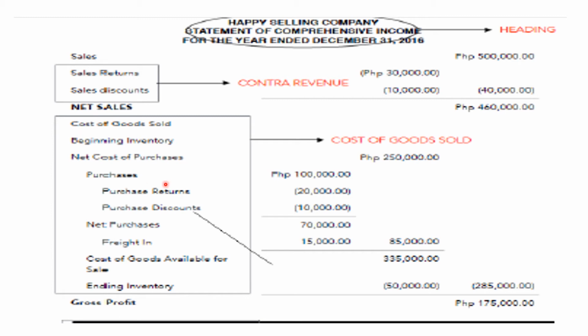And the purchase discount is the account used to record early payment. So 100,000 subtracted by 20,000 less 10,000, we have the net purchases of 70,000.